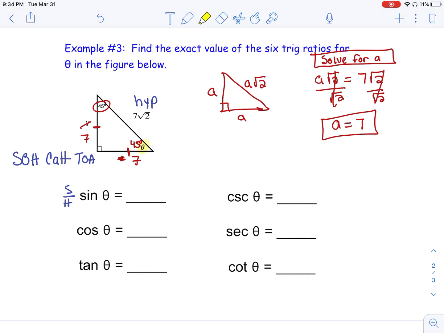Here's my theta. Oh no, that's not right. This side is my adjacent. This side is my opposite. Because my angle that I'm using is right here.